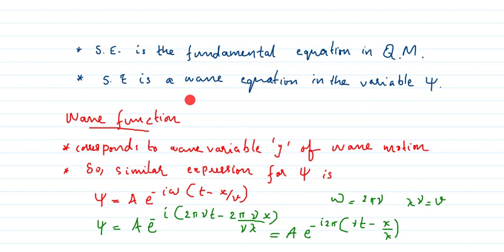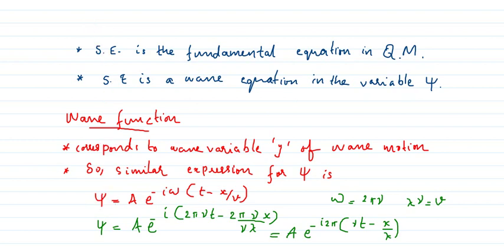If you remember, when we learn the wave equation, we usually write a second order equation and the solution of it will give the wave amplitude, that is y. If you want, I can write this equation using y instead of psi.